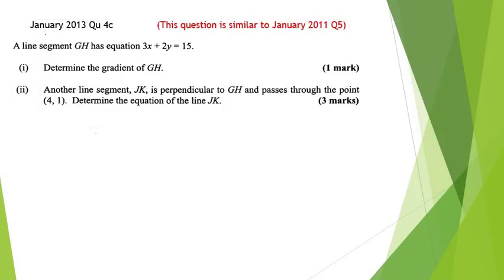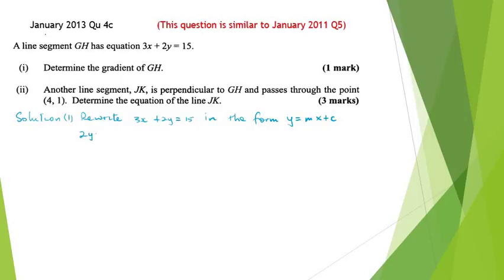Solution, part 1: rewrite 3x plus 2y equal to 15 in the form y equal to mx plus c. So I'm going to make y the subject of the formula.